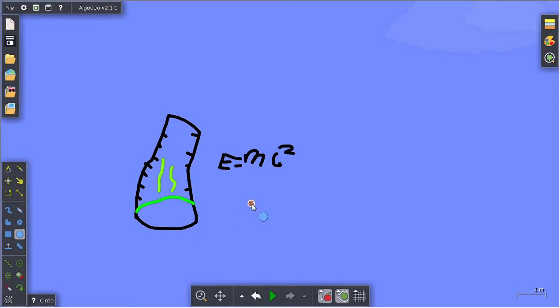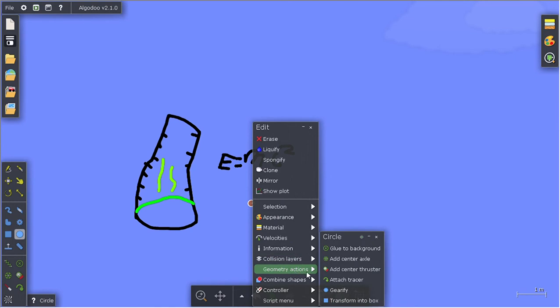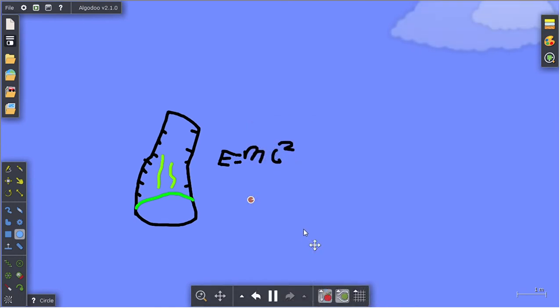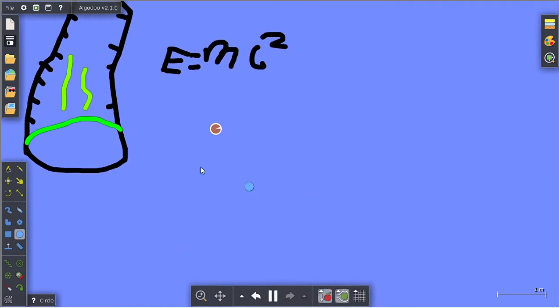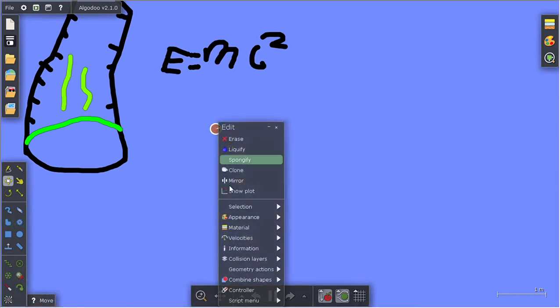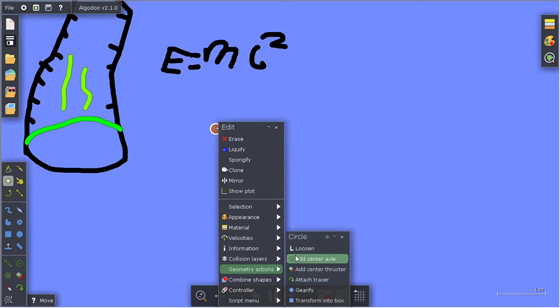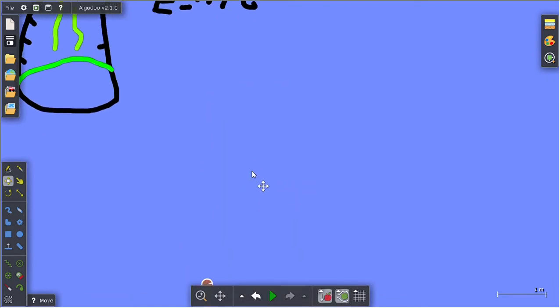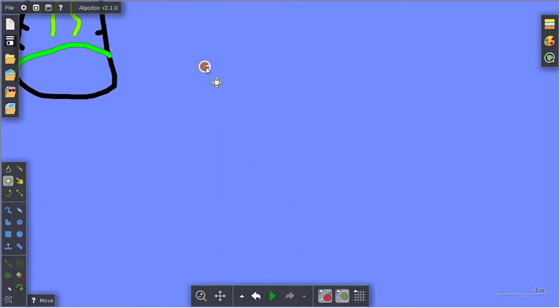Geometry actions, glue the background. This marble is at rest. If nothing touched it, it could probably remain there forever in real life. But eventually, someday, something's going to act upon it. So it could remain at rest forever until somebody touches it or hits it.